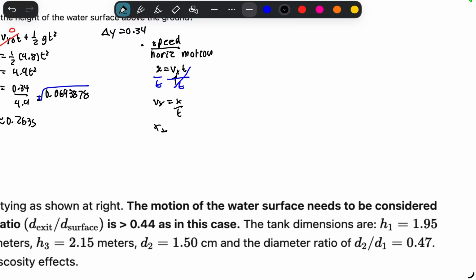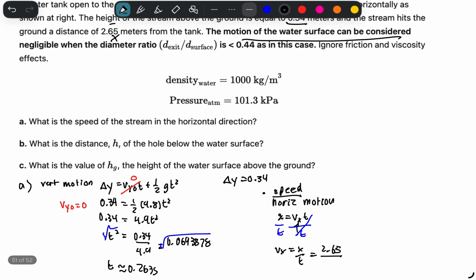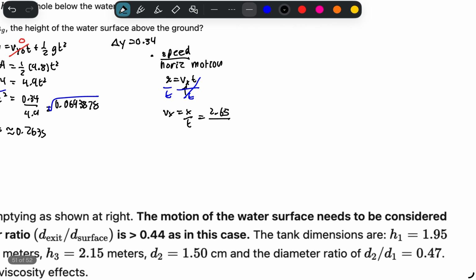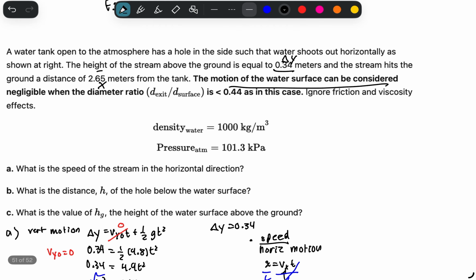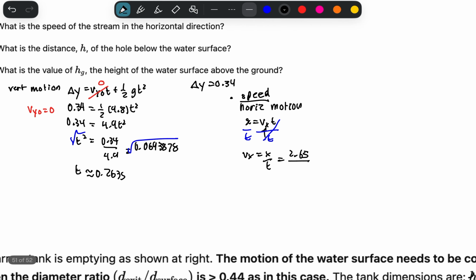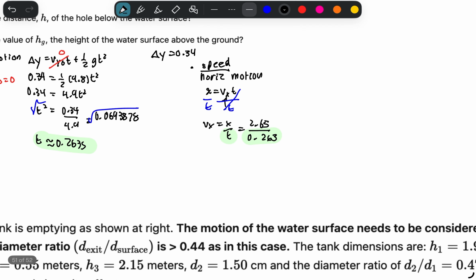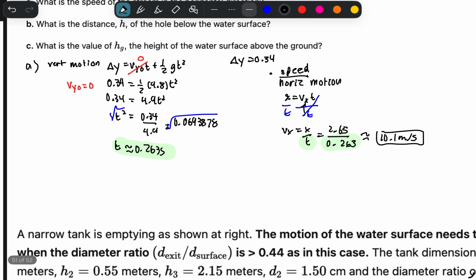So vx is equal to 2.65, which was our range, the distance we traveled, divided by the time that passed, our t, which we found over here. So you can substitute that t in here: 0.263, and this is going to be approximately 10.1 meters per second. So that's your answer for part A.